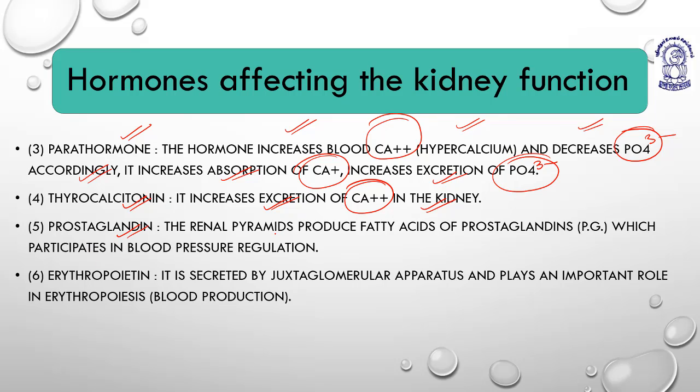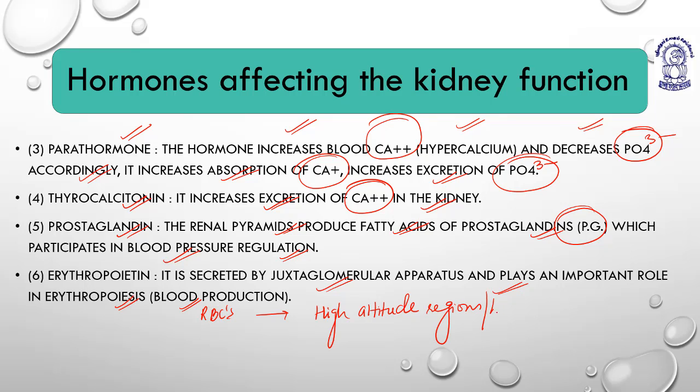Prostaglandins: the renal pyramids produce fatty acids and prostaglandins, PG, which participate in blood pressure regulation. Erythropoietin is secreted by the juxtaglomerular apparatus and plays an important role in erythropoiesis, that is, production of RBCs, at high altitude regions or where low oxygen tension is there.